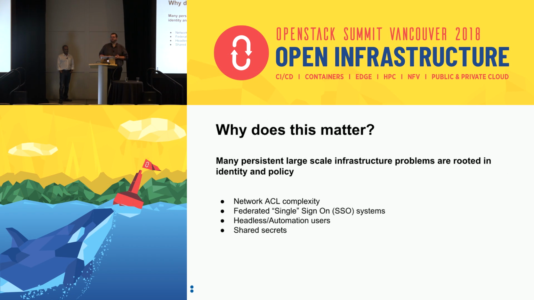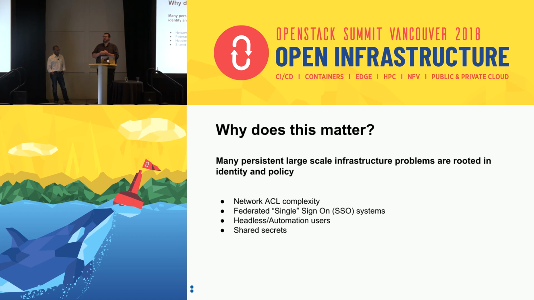There are a lot of problems with managing unique service identity in infrastructure. The root of a lot of common infrastructure scale problems stems from being able to understand who a user is, understanding what a service is, and being able to enact policy that allows different services to communicate with one another.